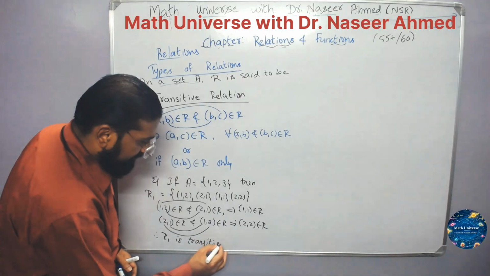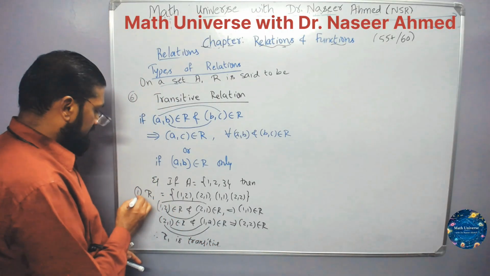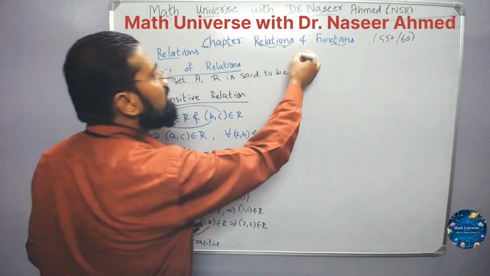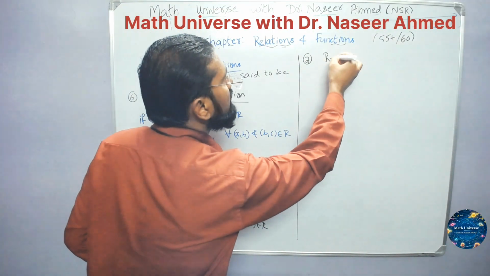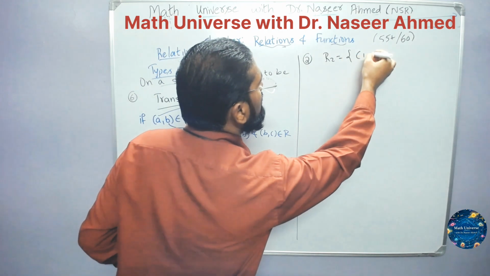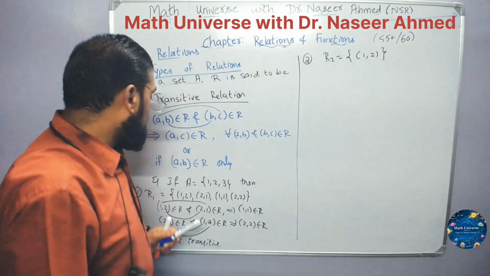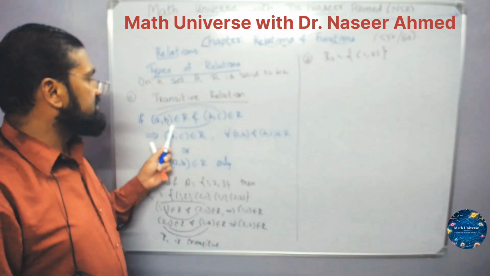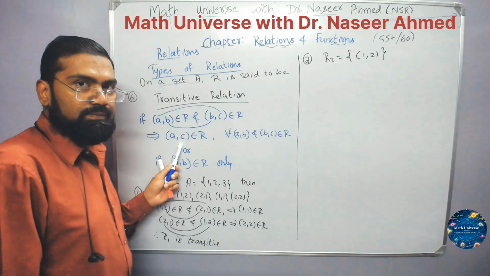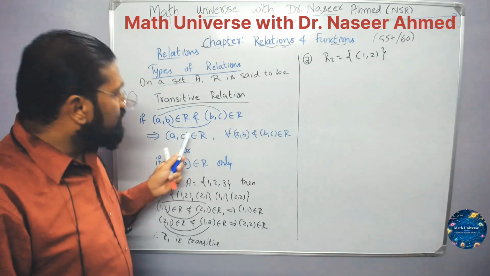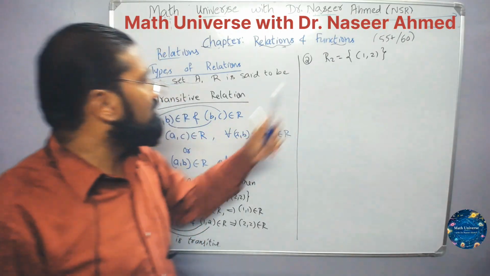One more example we'll take for better clarity. Example 2 means relation 2 on the same set A. R2 is equal to, I'll take one ordered pair, (1, 2). Now check, is it transitive? For it to be transitive, the first definition is (A, B), then search for (B, C), then we expect (A, C). But to come here, I should have (B, C). But we have only (1, 2), nothing but (A, B).